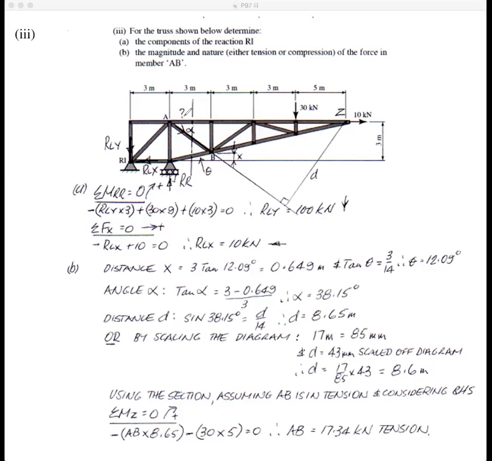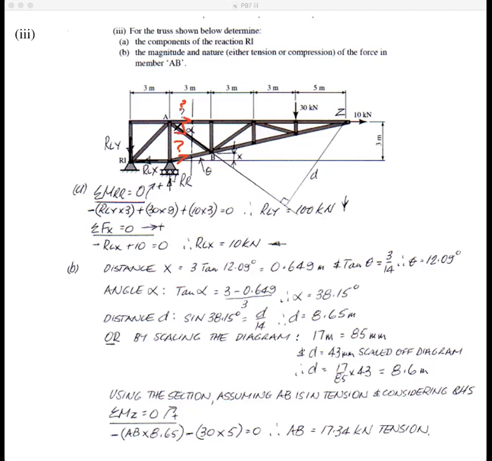So this force here, I'm going to say that's tension, question mark. You don't have to put a question mark, you just realize that you don't know what sense it is. And I'm saying that AB is tension as well.